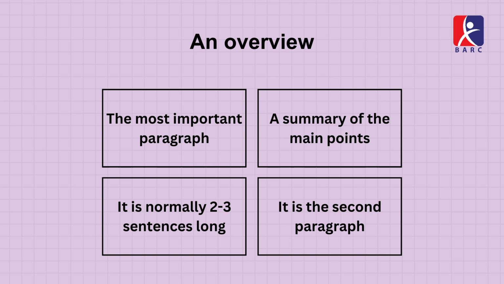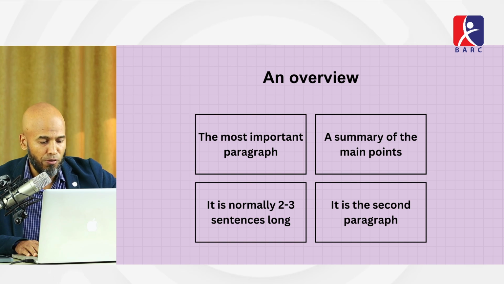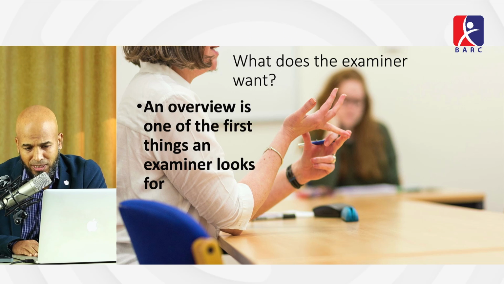It is normally 2 to 3 sentences long, and should be the second paragraph after the introductory paragraph. It also influences what you write in the rest of the essay. The overview is one of the first things an examiner looks for, because it shows them that you can identify the most important information from the graph or chart and clearly identify overall trends and comparisons.